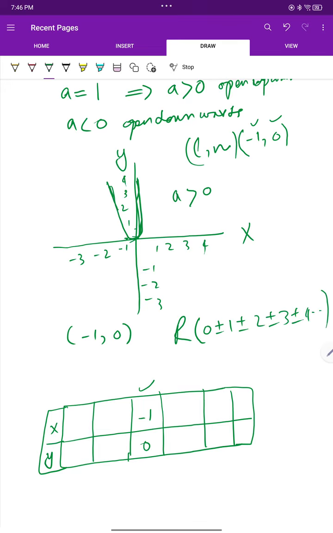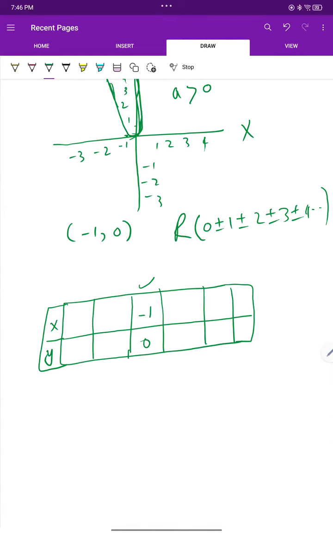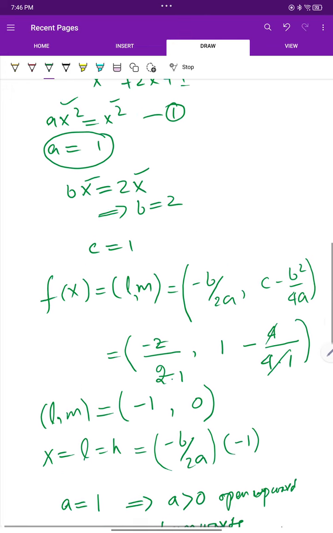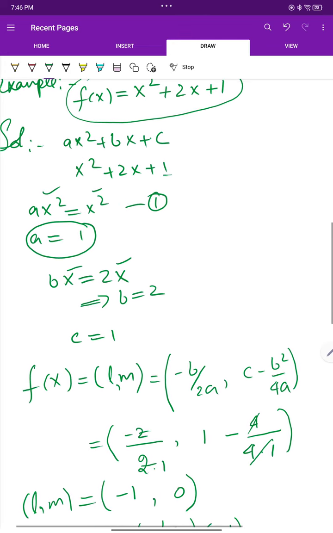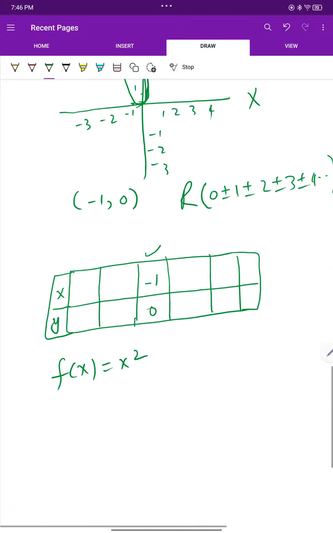So for the next value in the equation, we have x square. What was our function? x square plus 2x plus 1. If this is x is equal to -1, so it goes 0 here, then 1, then 2, then -2 and -3.